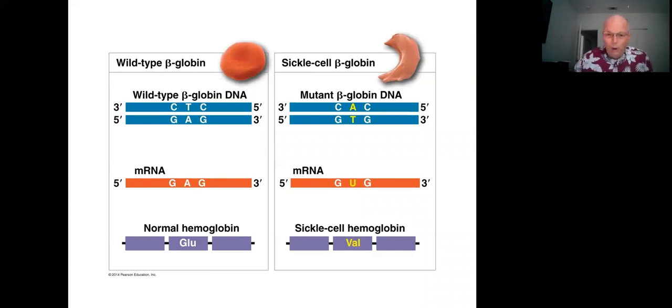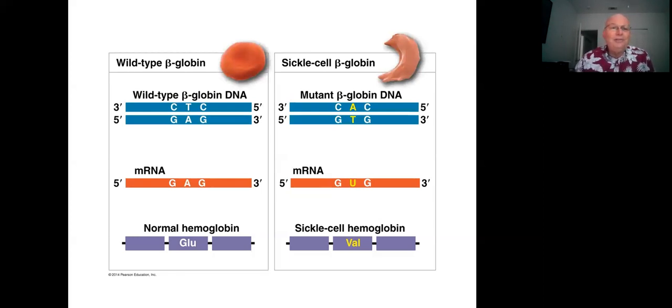And that's the reason why this has such a significant effect on the final folding of the beta globin, because you've changed the chemical nature of this area of the polypeptide. You've gone from a polar acidic region to a non-polar region, and that changes the folding of the polypeptide and leads to all of the phenotypes that are associated with sickle cell.